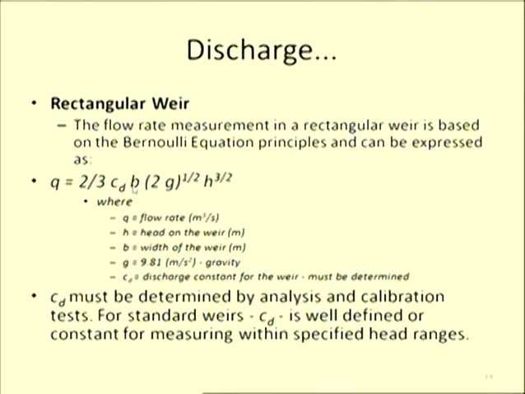B is the breadth at the top. Earlier we have taken L, and CD is a constant. 2/3 is also a constant. The equation is the same, but the formulation is for a rectangular weir, and this equation gives us the exact value of Q in cubic meter per second if we measure other parameters like this.